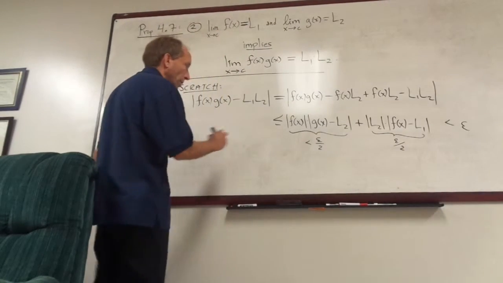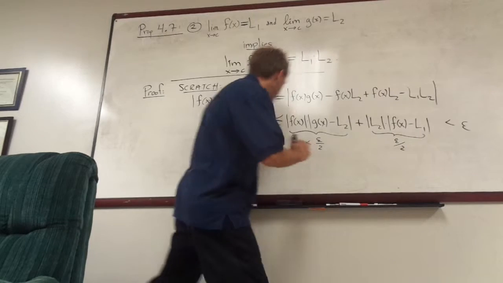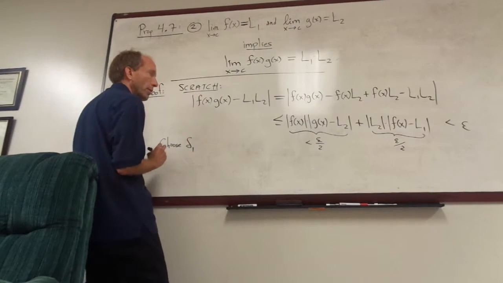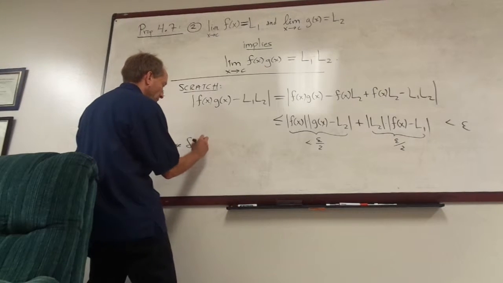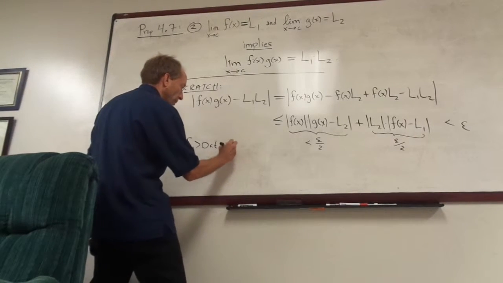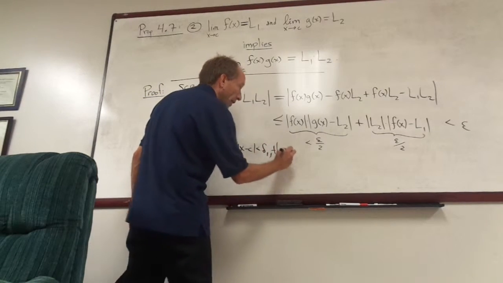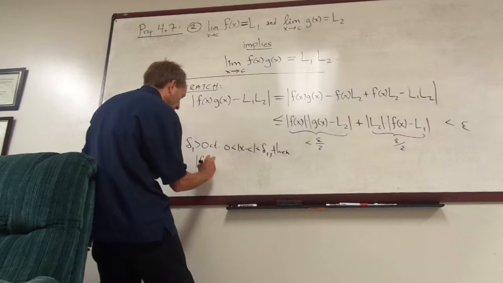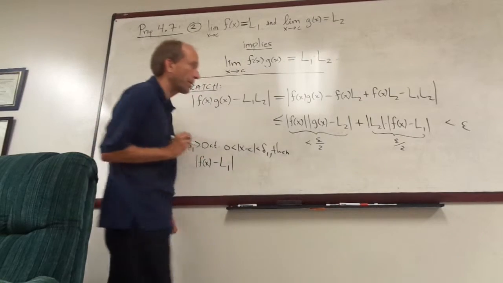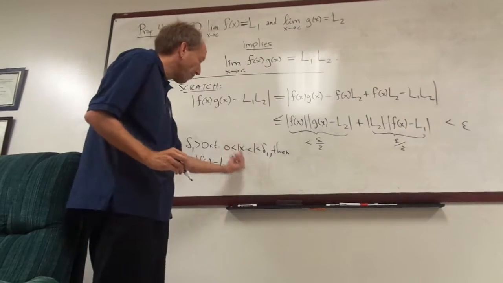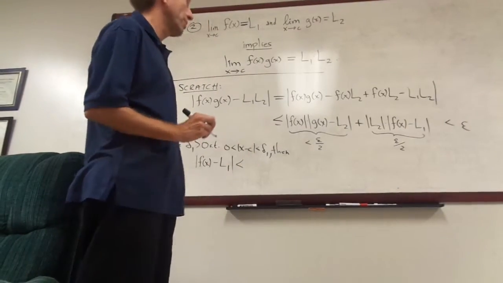So I'm going to work on the second part first. I'm going to choose a preliminary delta, I'll call it delta 1, greater than 0, such that if 0 is less than absolute x minus c is less than delta 1, then I'm going to work on the f of x minus L1 part. I can force that to be less than anything I want.